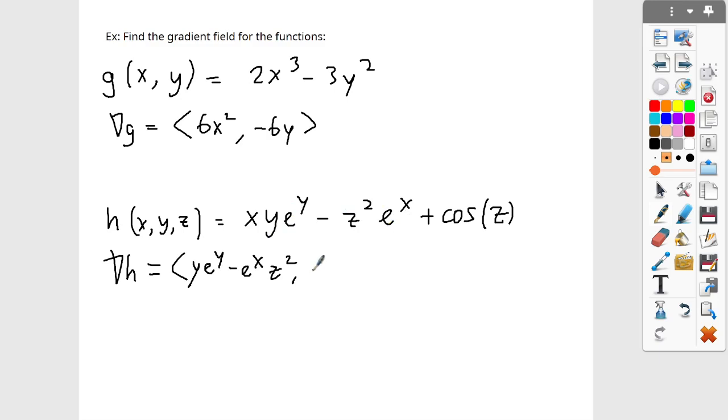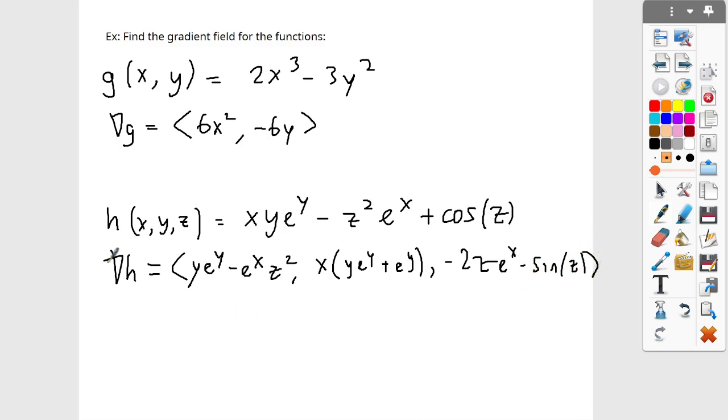And then for y, it's x times y e to the y plus e to the y, product rule. And then for z, it's negative 2z e to the x minus sine z.